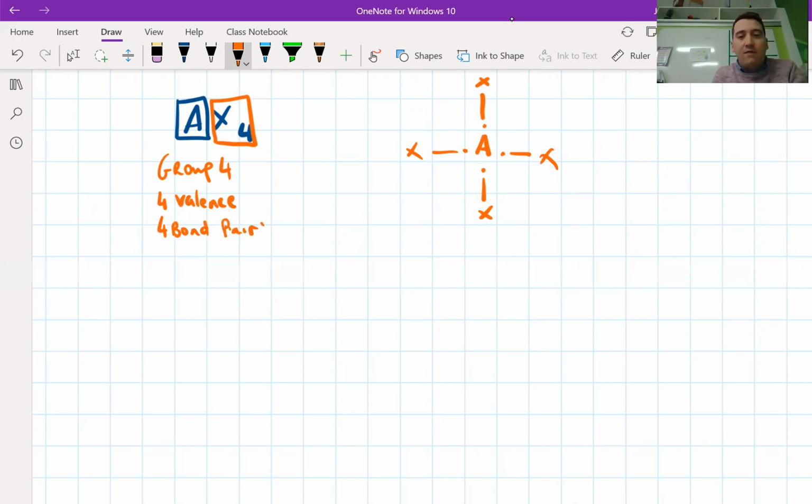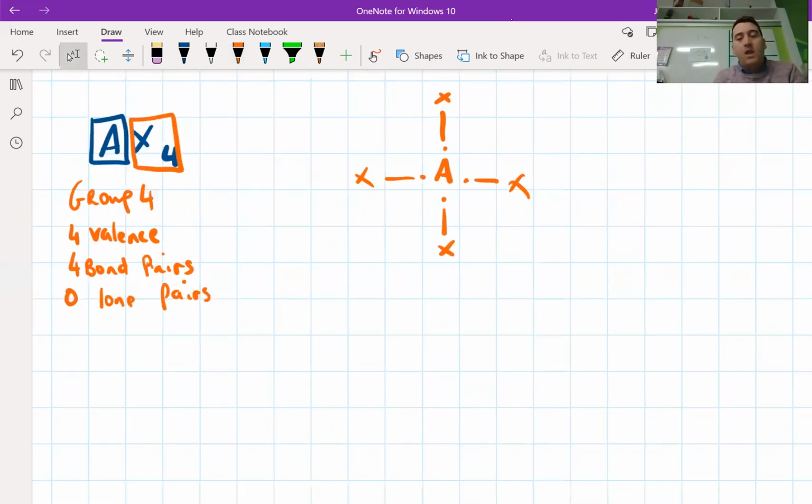Notice that there's nothing left over on the A that's unbonded. So 0 lone pairs. Right. So this is AX4. Now, what is the bond angle? This is a little bit tricky because this here is 2D, this page.